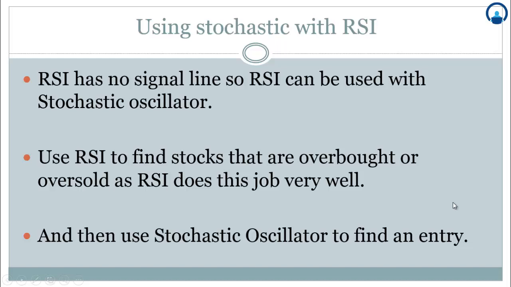Using multiple methods and clubbing them together helps us identify efficient trading setups. RSI has no signal line, so RSI can be used with the stochastic oscillator. Use RSI to find stocks that are overbought or oversold, as RSI does this job very well. Then use stochastic to find an entry.